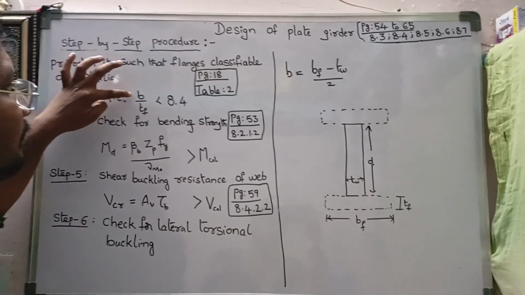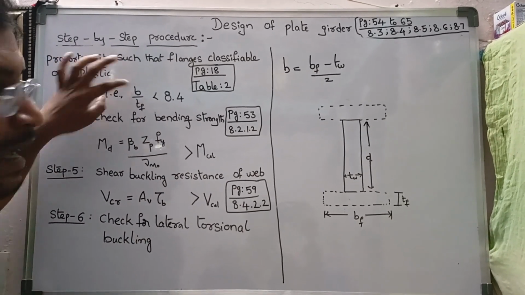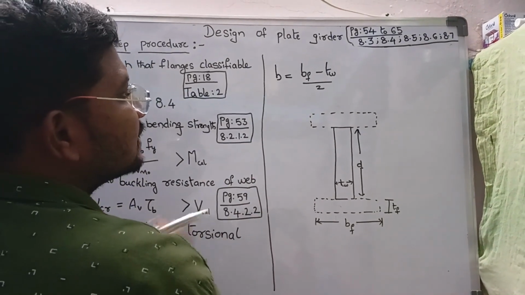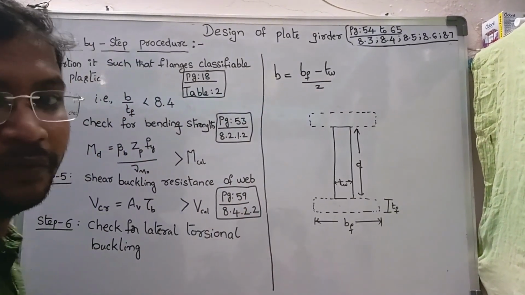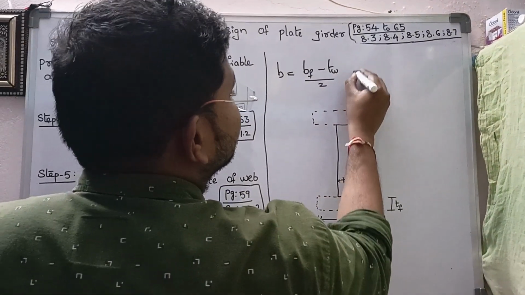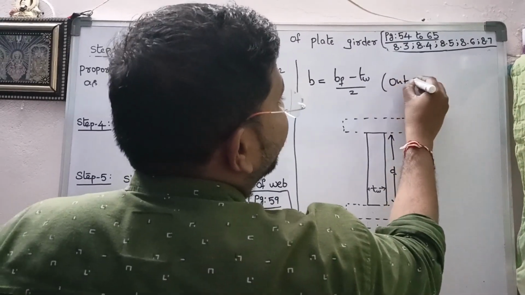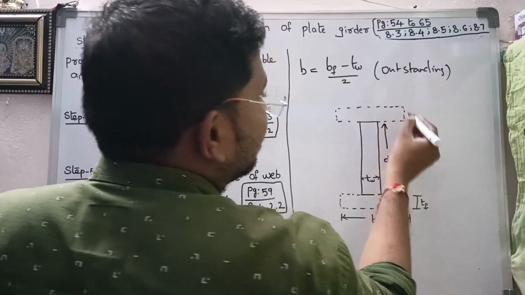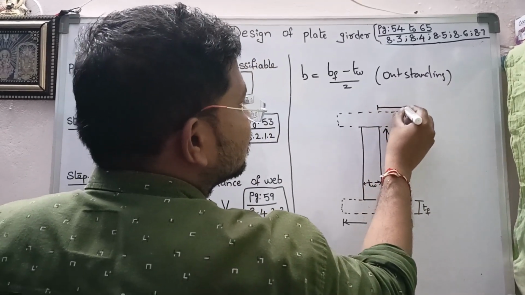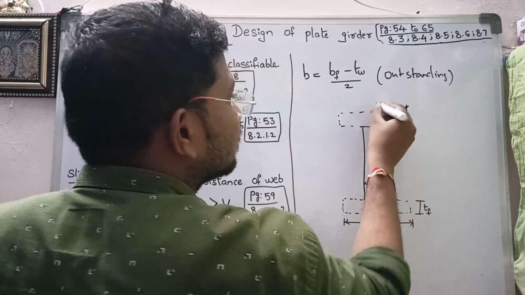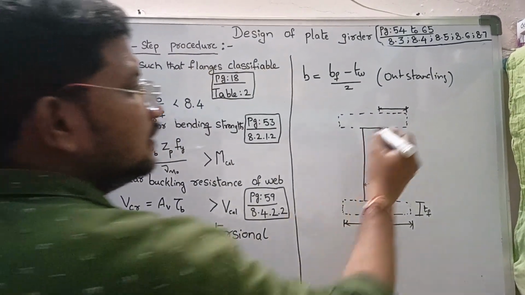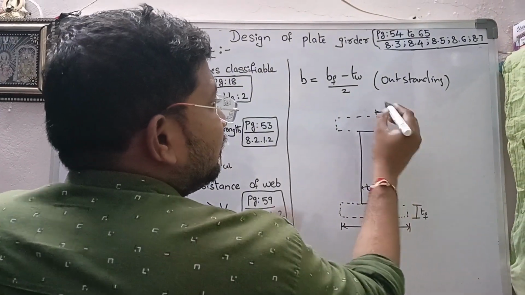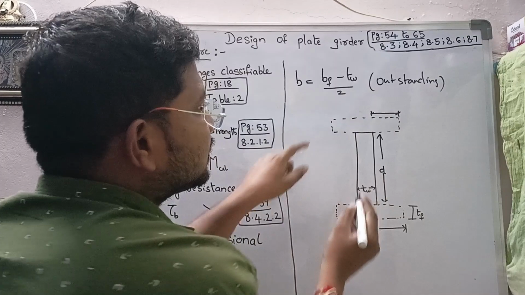Here, b can be taken as BF minus tw by 2, means outstanding leg. Please observe, outstanding leg means this portion. As IS code specified, b can be taken as BF minus tw by 2.